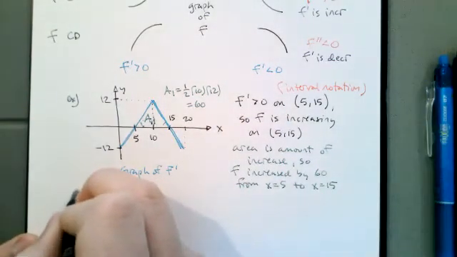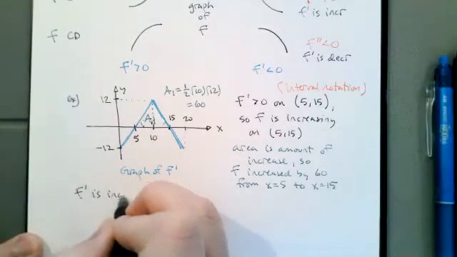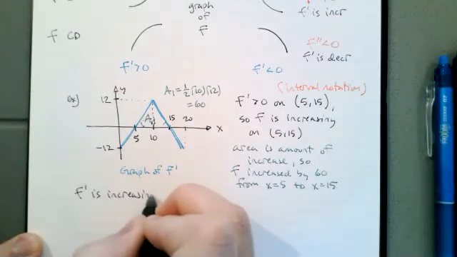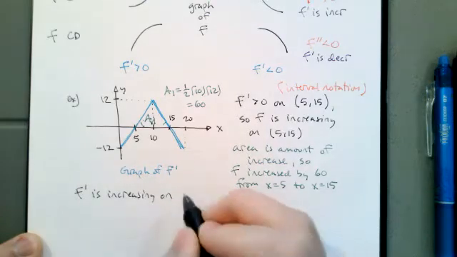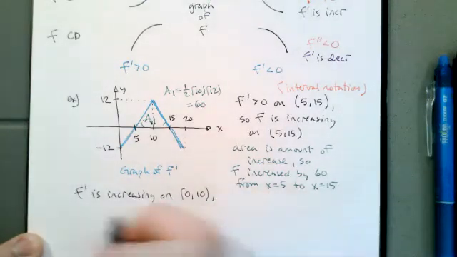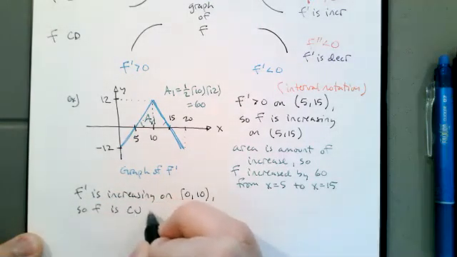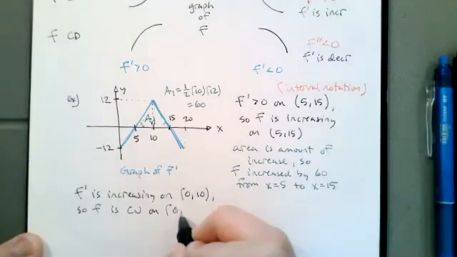So f prime is increasing on the interval from 0 to 10, so f is concave up on the interval from 0 to 10.